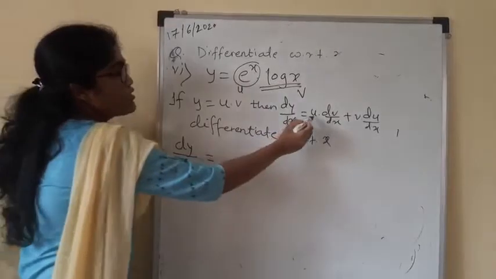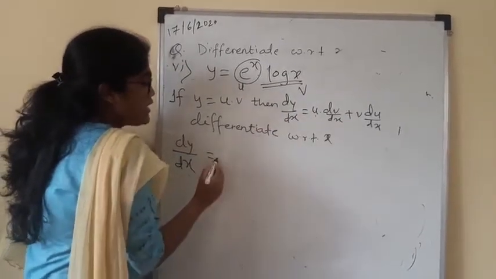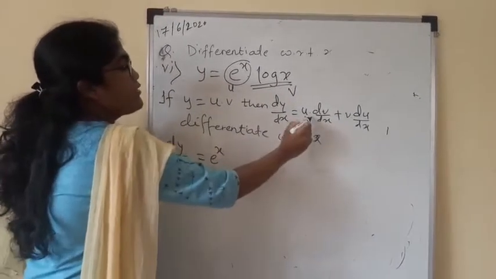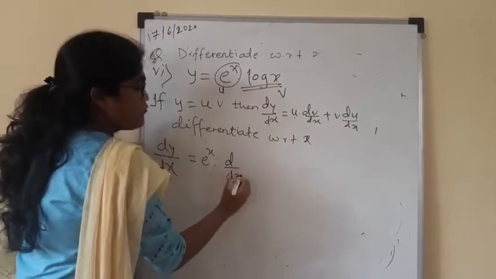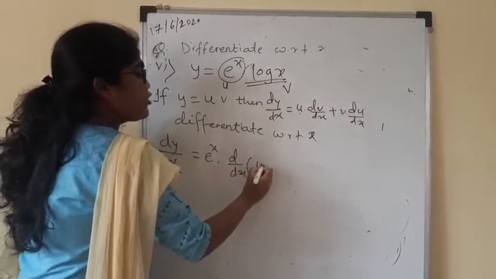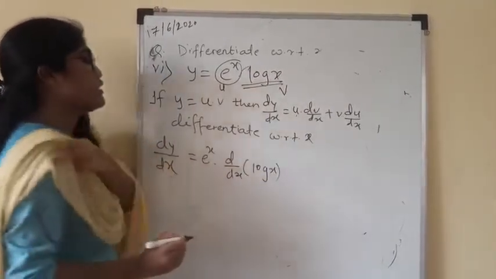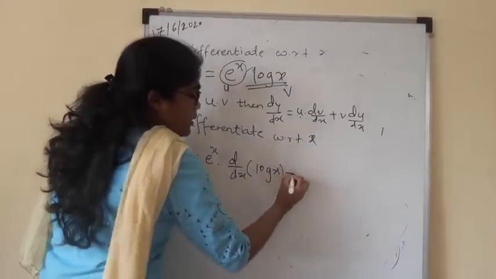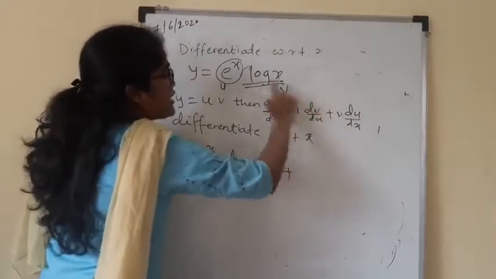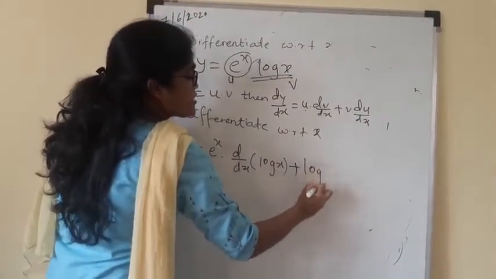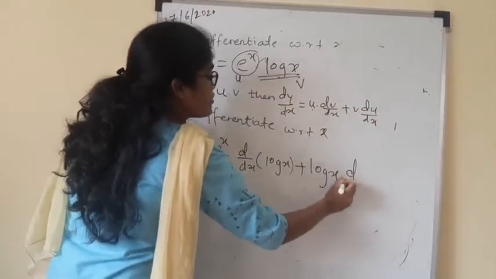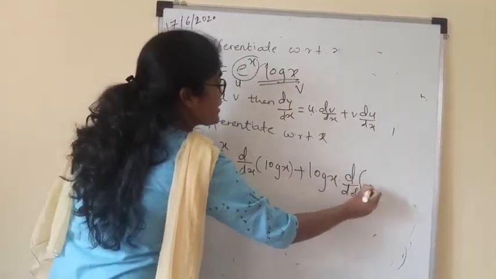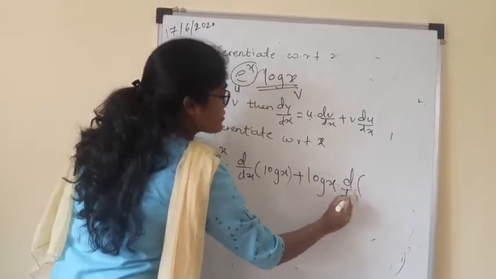First we will keep this u as it is, and we will take the derivative of v, that means the derivative of log x, plus v as it is, that is log x as it is. Now the derivative of u, d by dx of e raised to x.